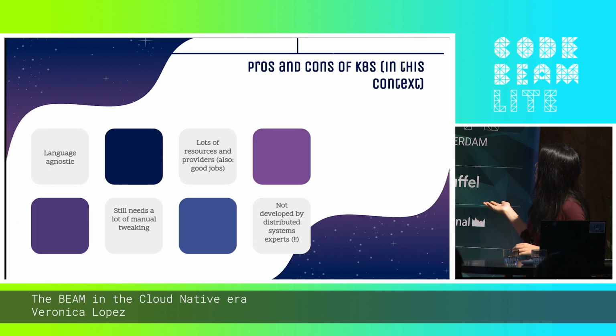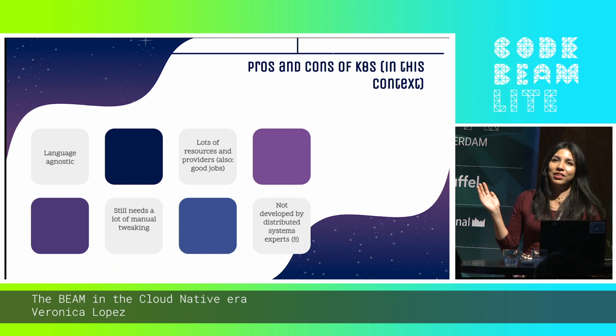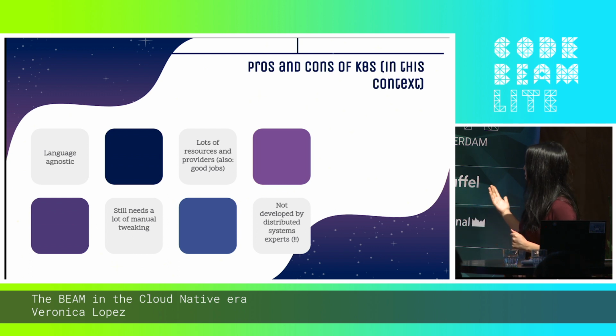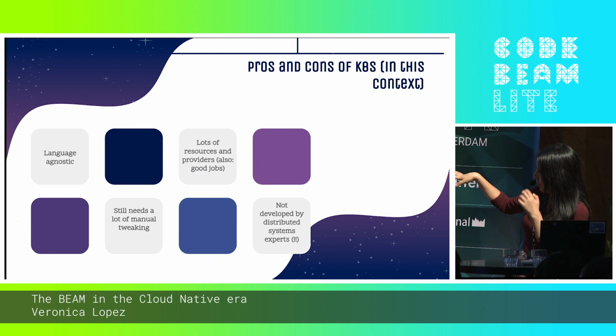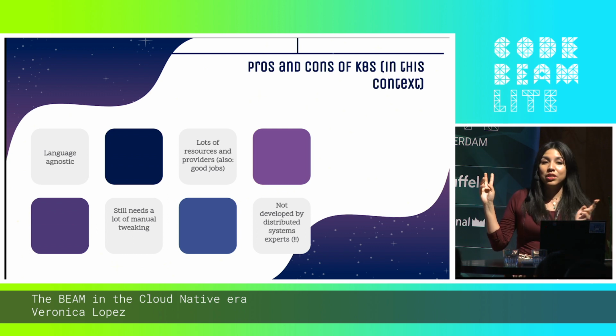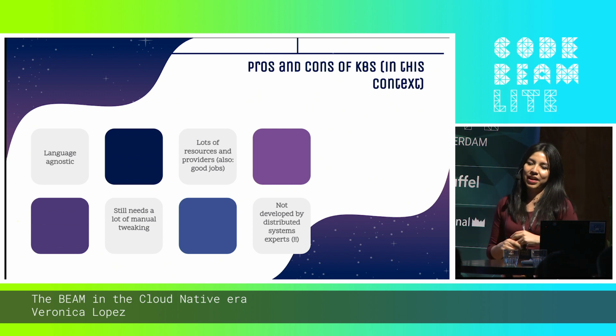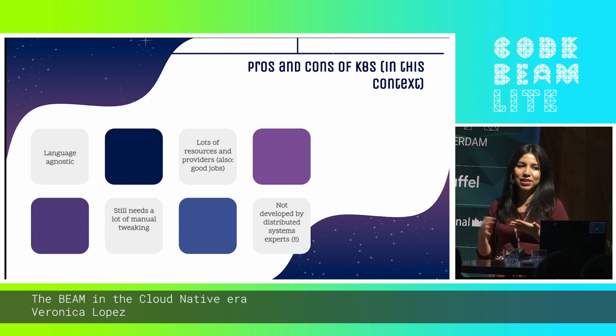So, pros and cons of Kubernetes or the cloud native tools in this context. On the top part are the good things, the pros, and on the lower level are the cons. On the pros, it is language agnostic, which is like, okay, I can make my system resilient.